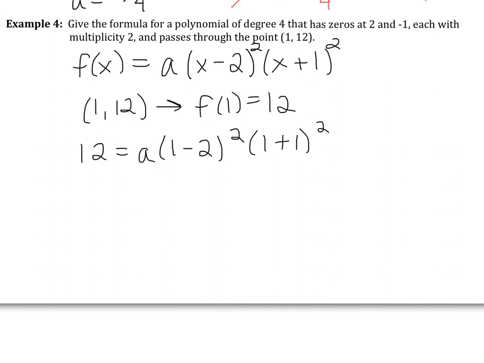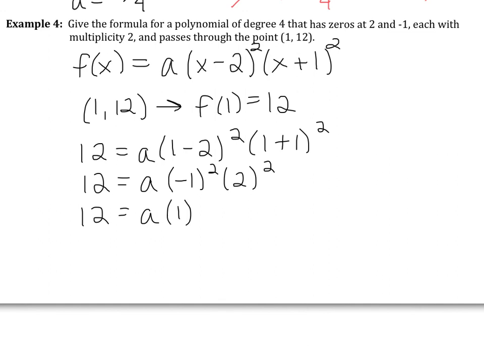And now I can just solve. So 12 equals a times, all right, 1 minus 2 is negative 1, and 1 plus 1 is 2. So negative 1 squared is just 1, and 2 squared is 4.